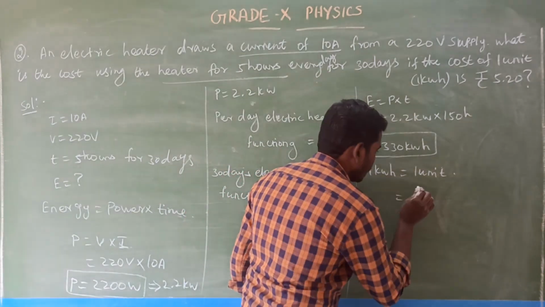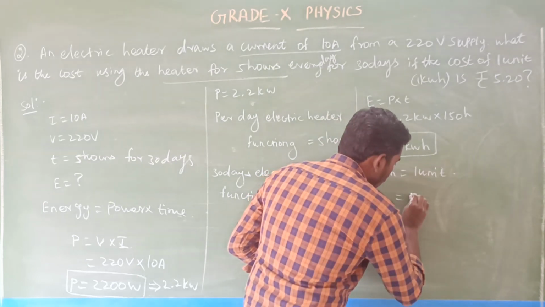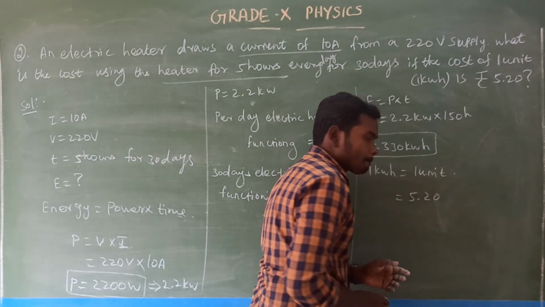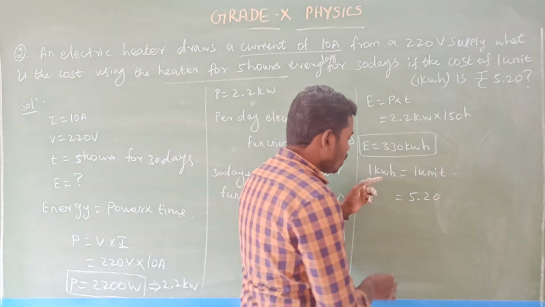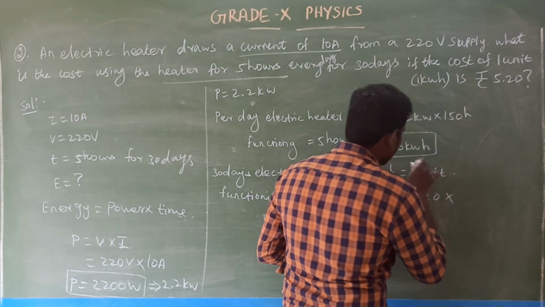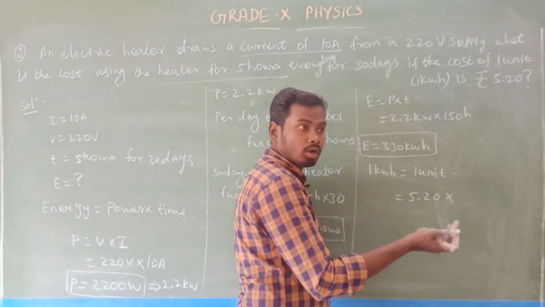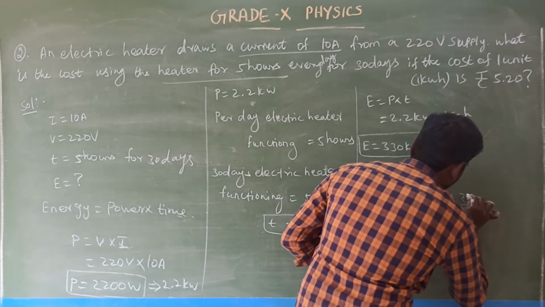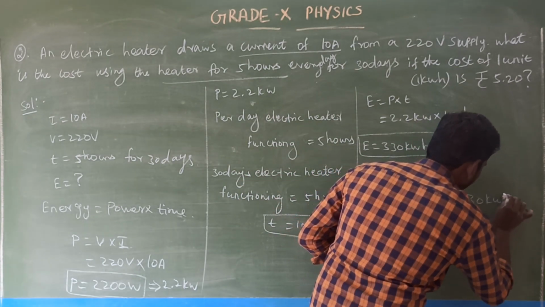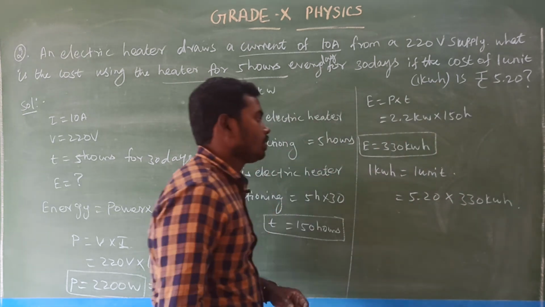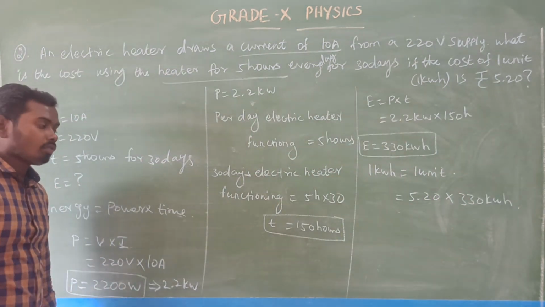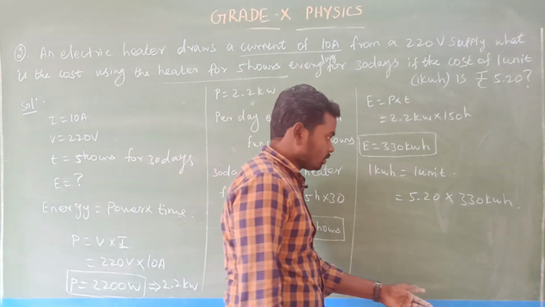So look at here, 1 unit cost is 5.20 rupees. So 5.20 rupees into how much? Here the unit is 330 kilowatt hour. So multiply by that kilowatt hour. 5.20 into 330.